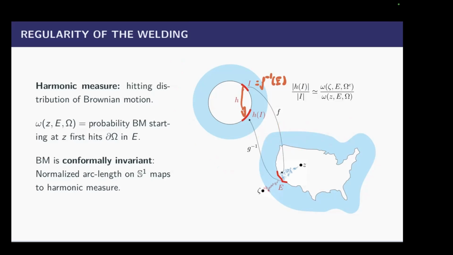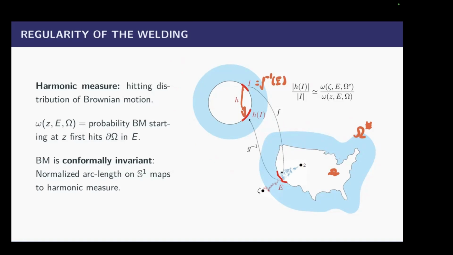And the length of this interval is the harmonic measure with respect to base point Z of this set E with respect to this Jordan domain omega. So here this is omega and this is omega star.